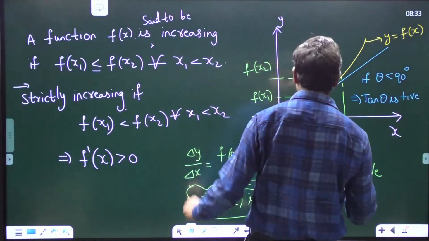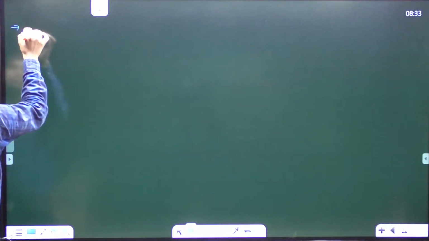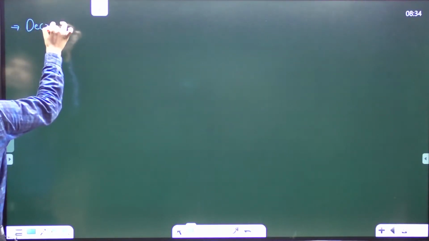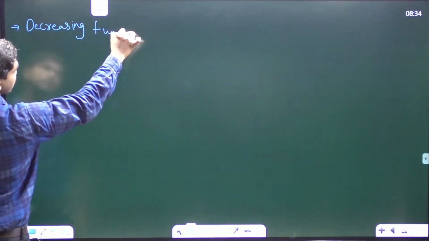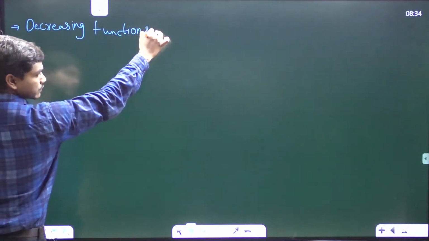So the decreasing functions, if you want to define, we could look into something like this. I hope you can see this blue color without any issue. Correct? Decreasing functions.